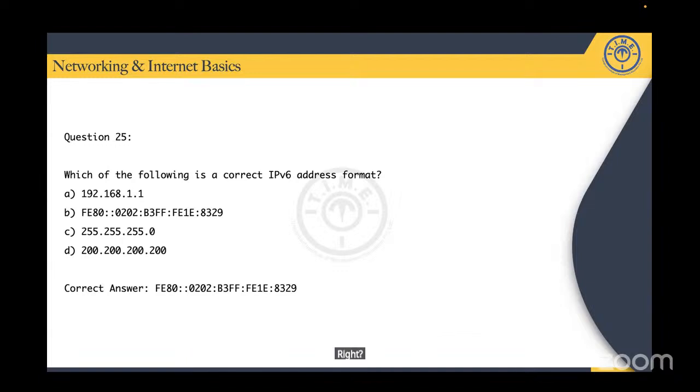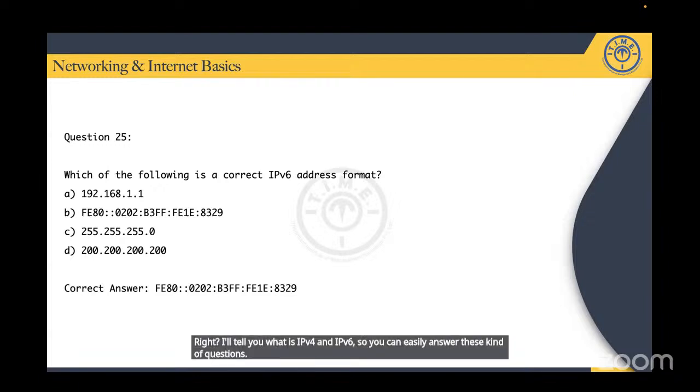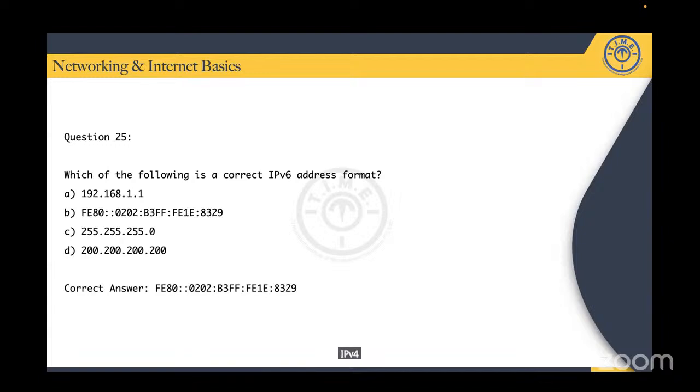Like the subnet mask, you might set something like 192.168.1.1, 4 different sections. That is IPv4. I'll tell you what IPv4 and IPv6 are, so you can easily answer this kind of question. IPv4 uses numbers. There will be 4 blocks.